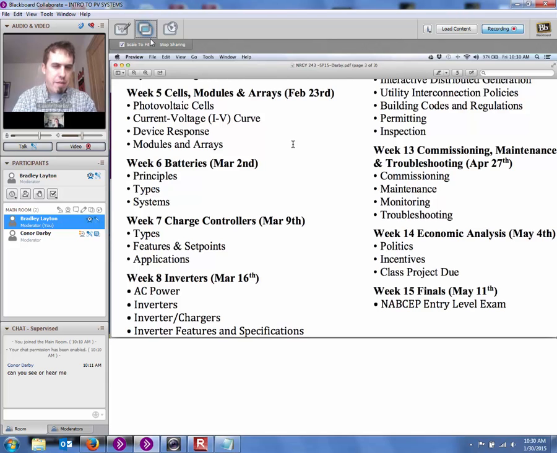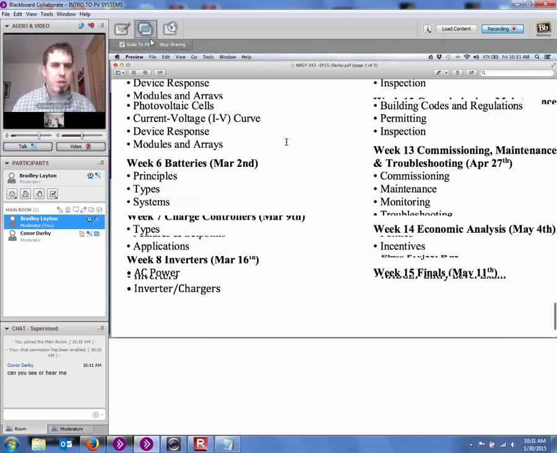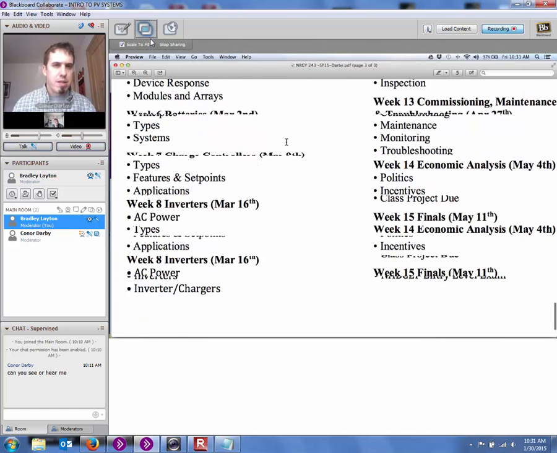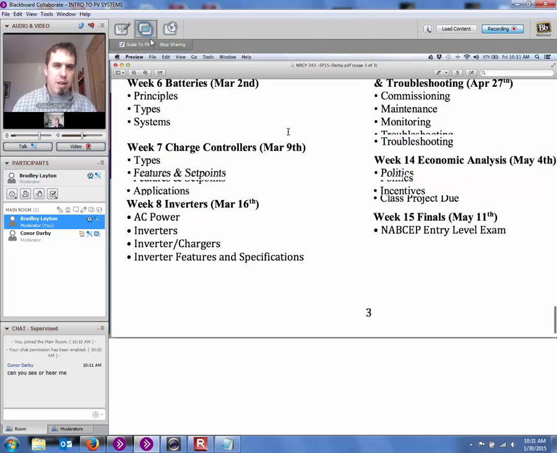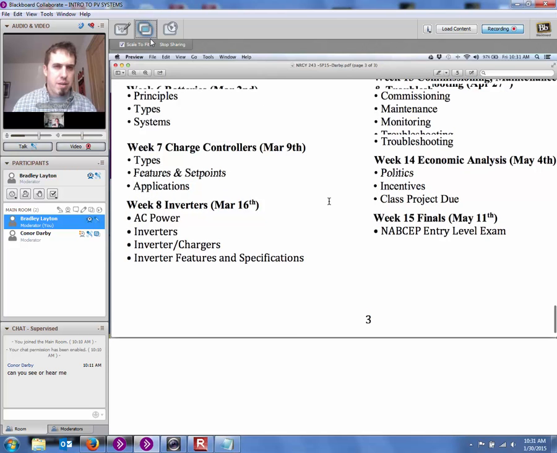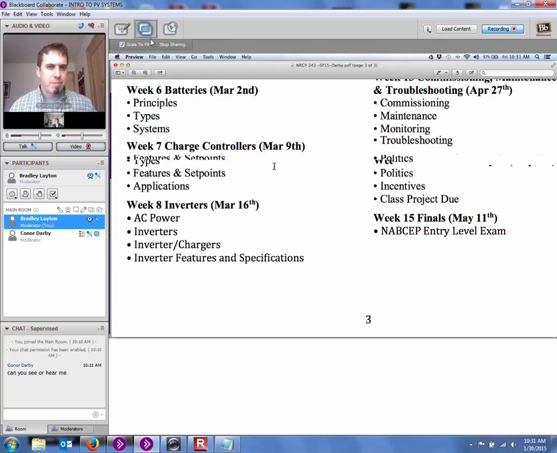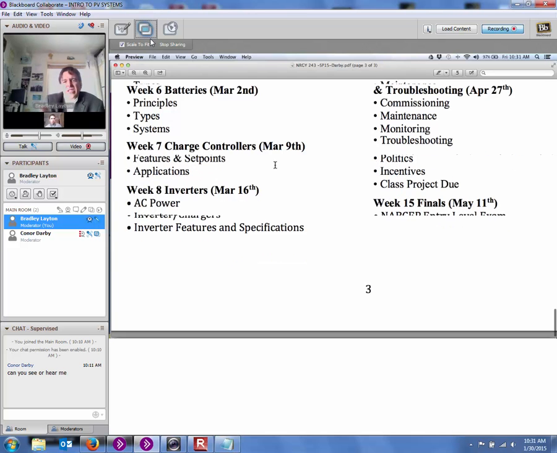That's very fundamental to a lot of the solar design theory that we work with every day. Week 6, batteries, week of March 2nd. Some of the types of batteries that we use and what we're trying to achieve by using batteries, and then a lot of the technical details about how to properly install and operate them.